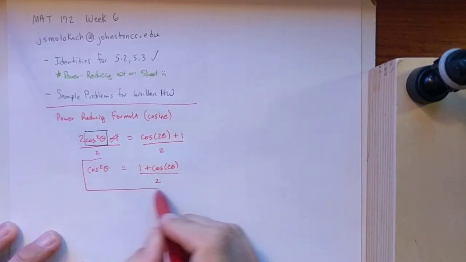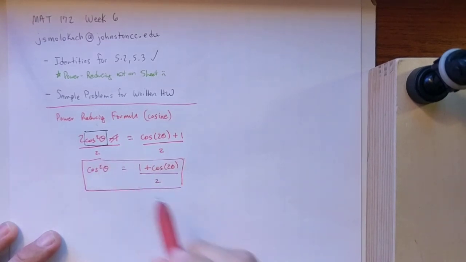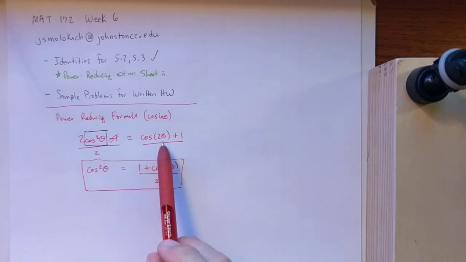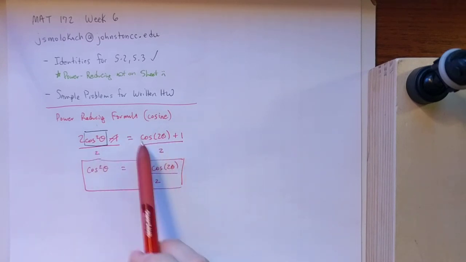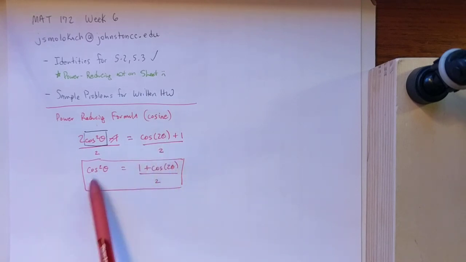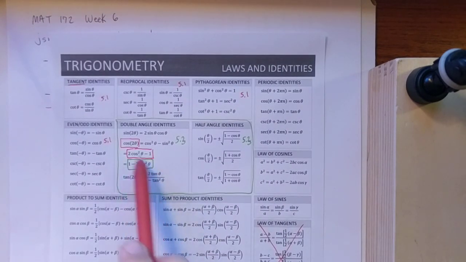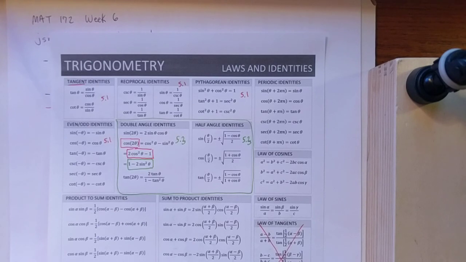Okay, so this is called a power reducing formula. Really and truly, all it is is the double angle formula rewritten so that instead of the double angle being solved for, the cosine squared is being solved for. Same thing happens with sine. You can reduce the power of sine by setting the green thing equal to the double angle.